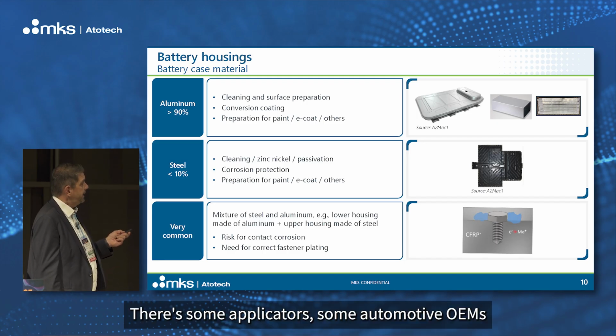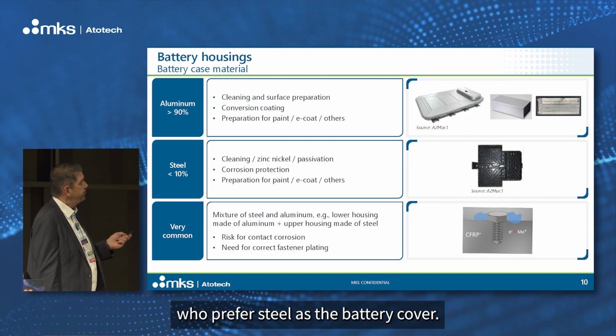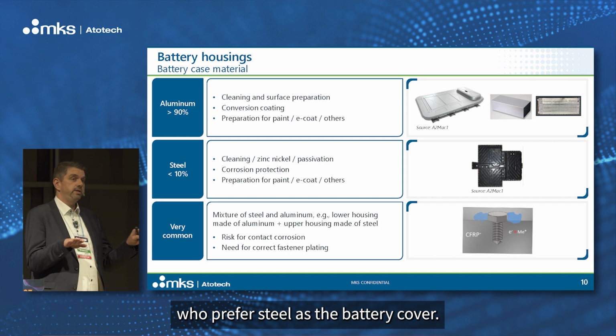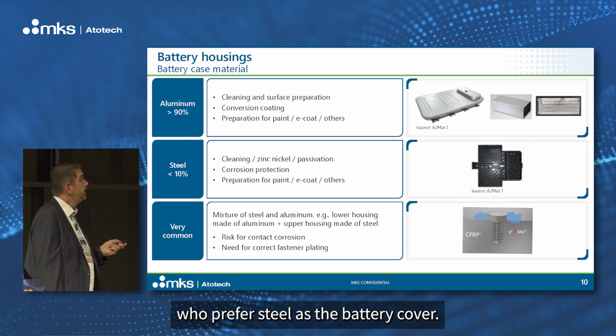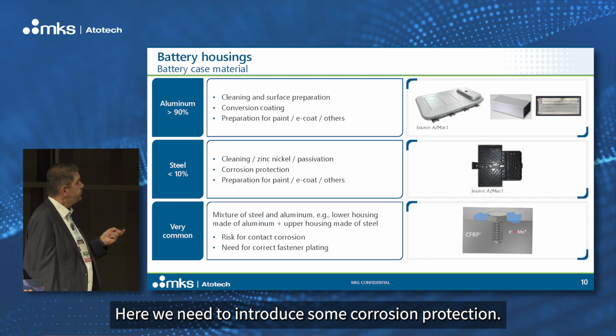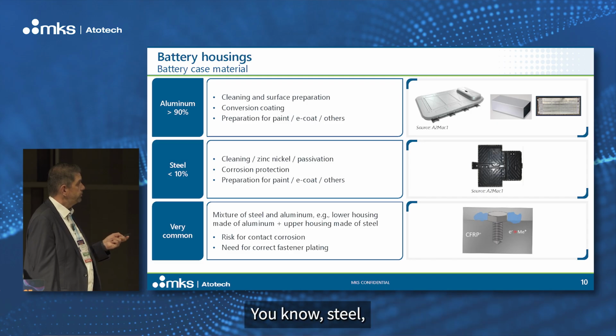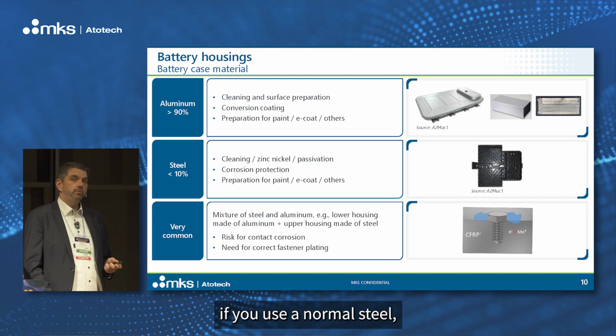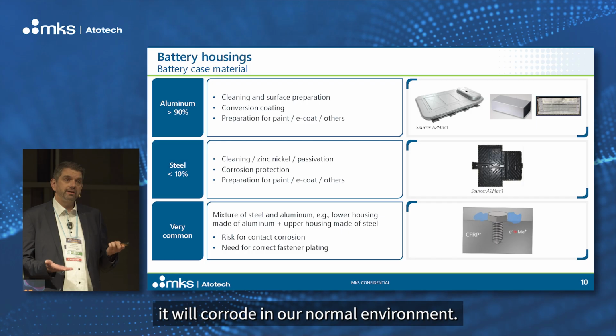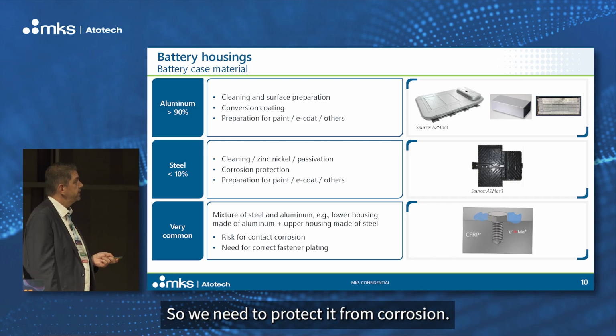There are some automotive OEMs who prefer steel as the battery cover. Here we need to introduce some corrosion protection. If you use a normal steel, it will corrode in our normal environment, so we need to protect it from corrosion.